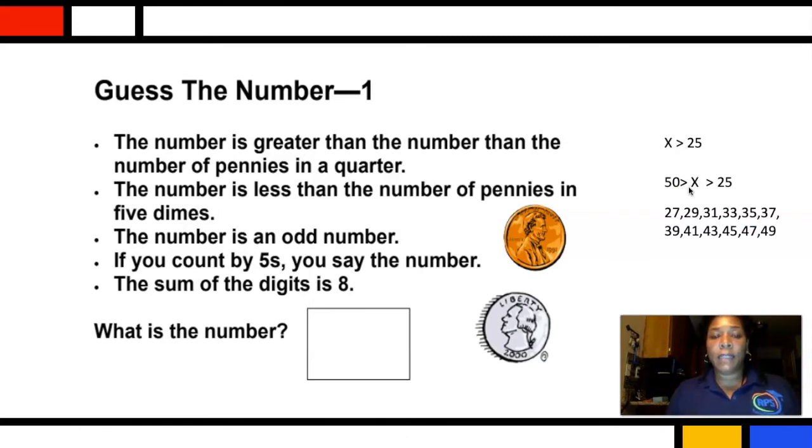Then the next hint says, if you count by fives, you say the number. Well, I count by fives. The only things I have in these are 35 and 45. The last hint, the sum of the digits is 8. The only way that can be, 3 plus 5 is 8. Therefore, my number is 35.